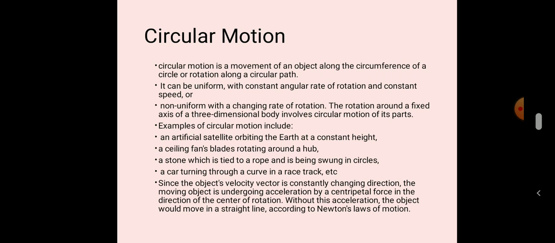Such type of motion is known as circular motion.